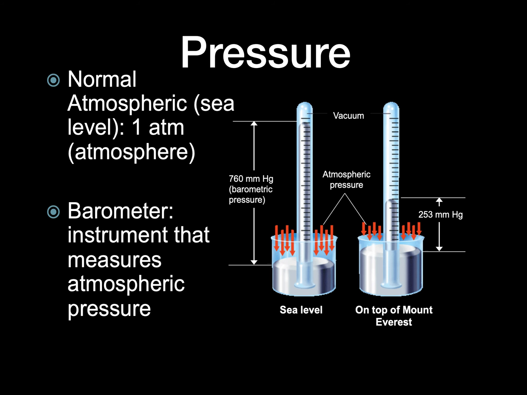Normal atmospheric pressure at sea level is 1 atm, 1 atmosphere. A barometer is an instrument that measures atmospheric pressure. We see that the top of Mount Everest is way above sea level.